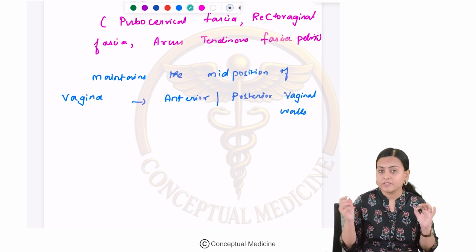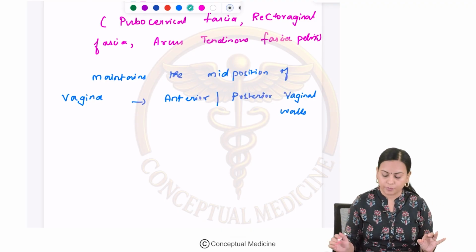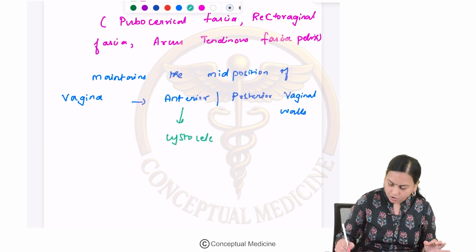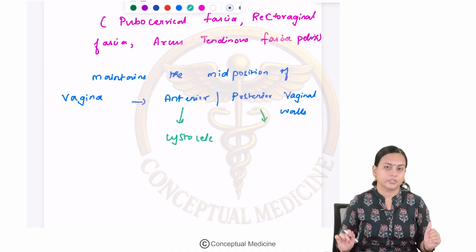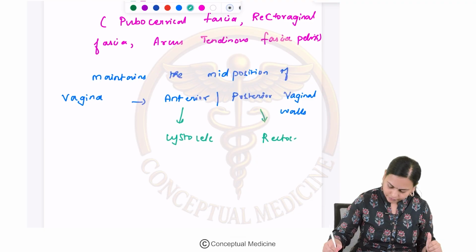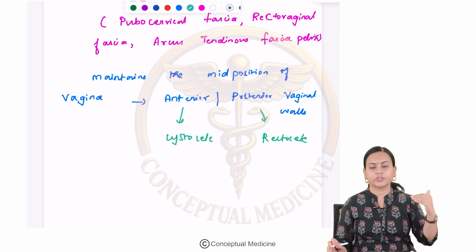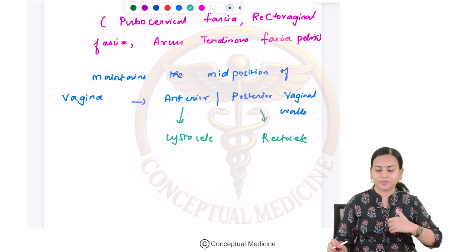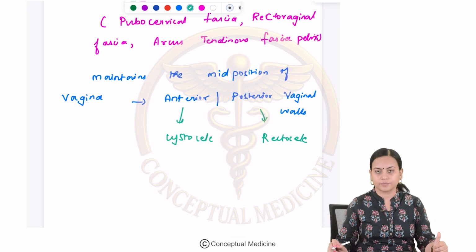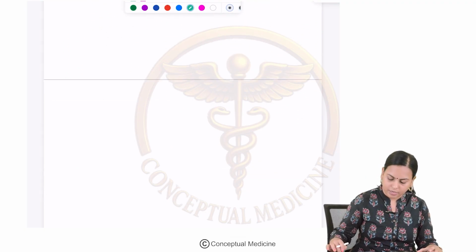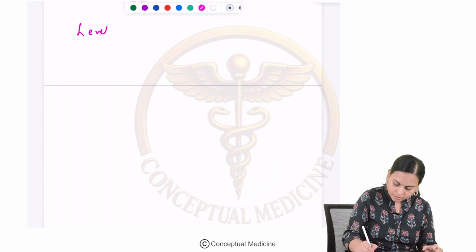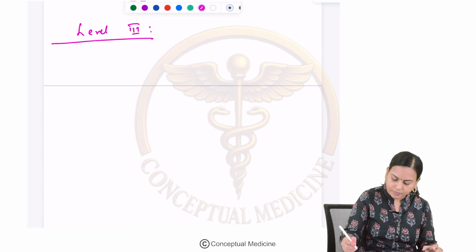So this can result in anterior vaginal wall prolapse, which presents with cystocele, or when there is posterior vaginal wall prolapse, it is going to present with rectocele. Clear? Those are the anterior and posterior surrounding structures for the uterus.